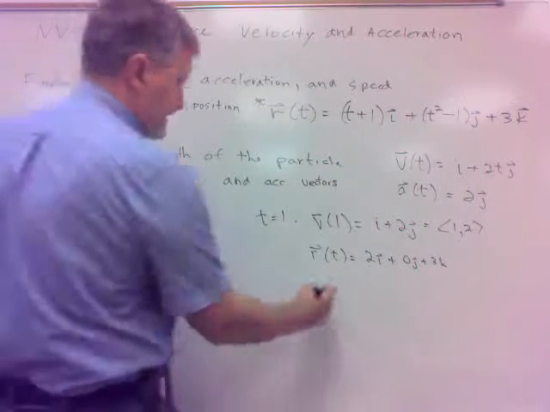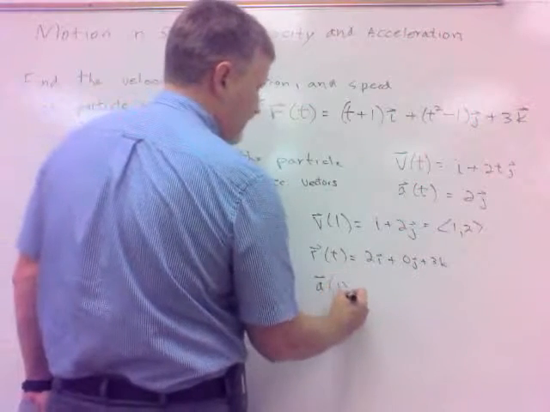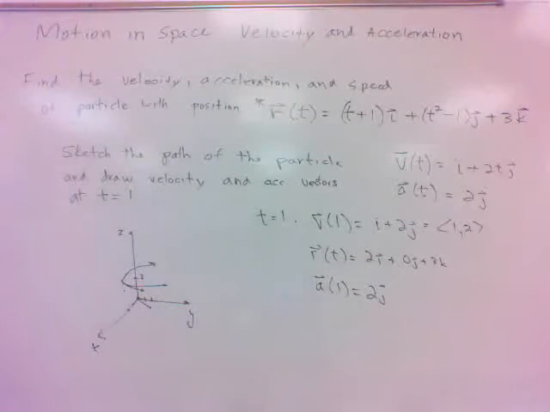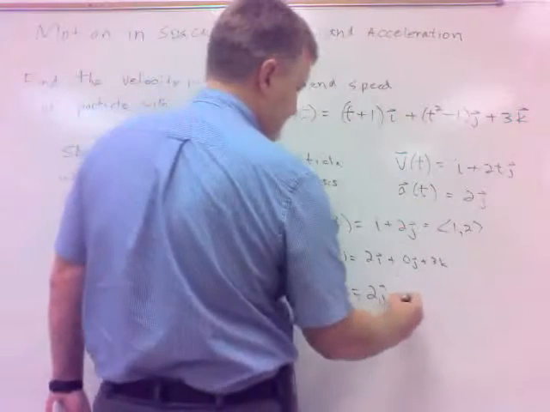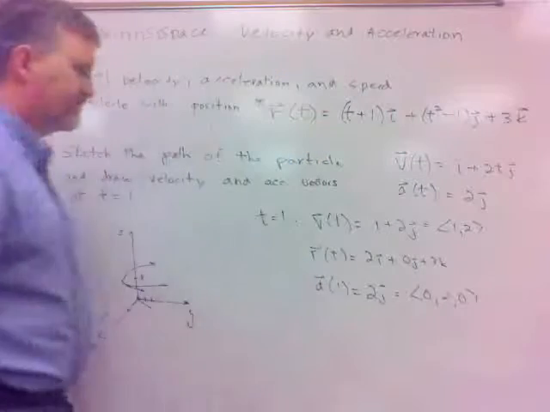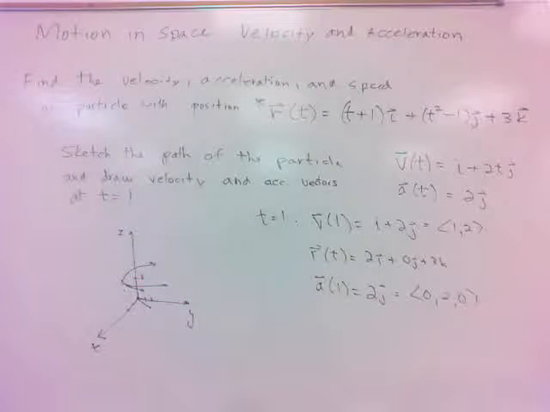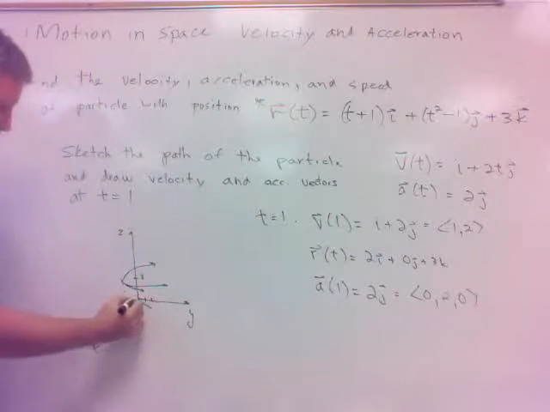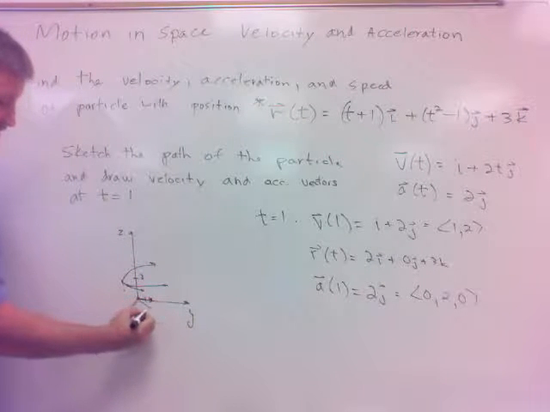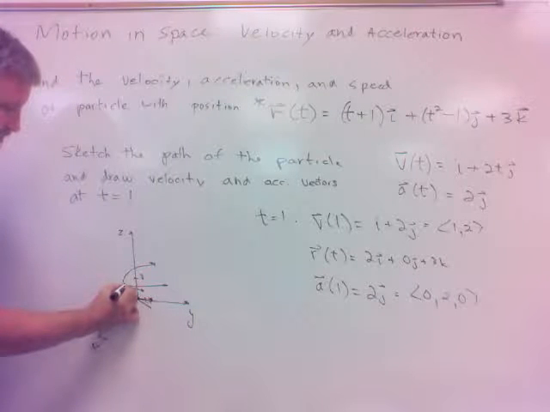And then the acceleration vector at t equals 1 is 2j. So everything's 0 except the y component. So (0, 2), which would just be right along the y-axis. Straightforward.